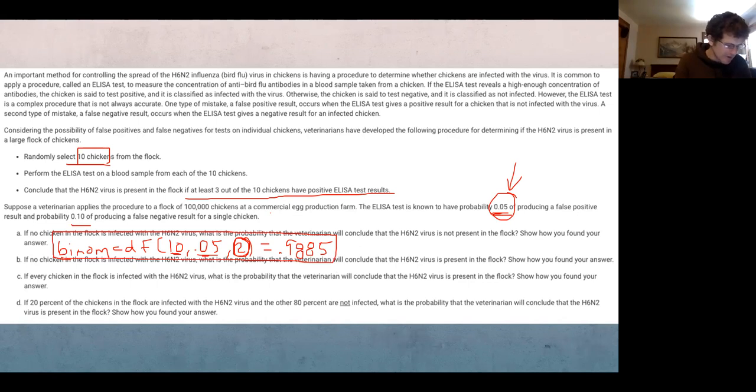So if you just have off to the side, you say we have 10 trials, so n equals 10, and there's a probability of 0.05, and we want x equals 2, and then kind of clarify, we want no more than 2 false positives.